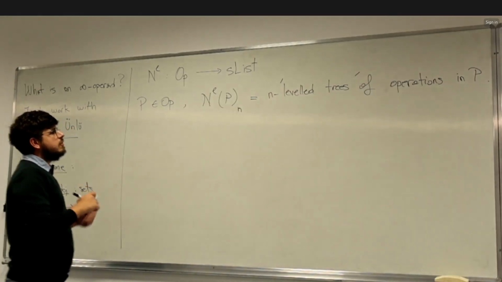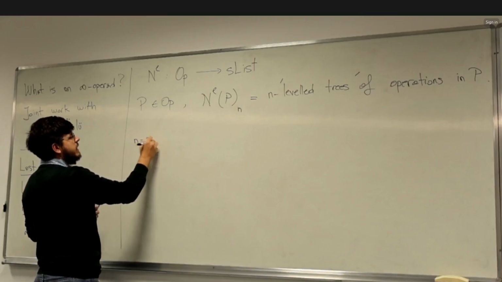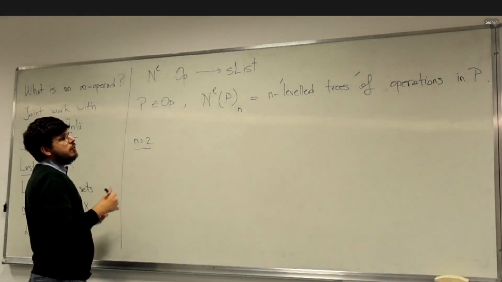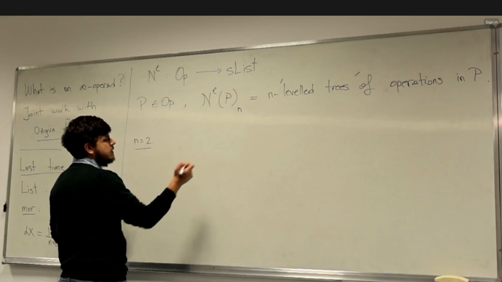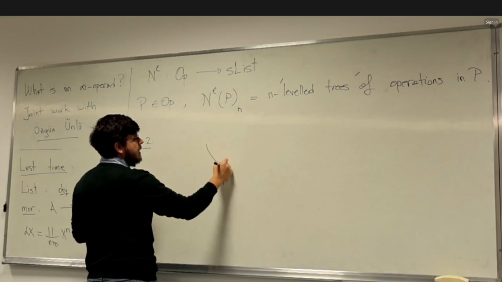Okay, so let's do a quick figure. For instance, if n is equal to 2, what's a two-level tree? Say something that looks like this.